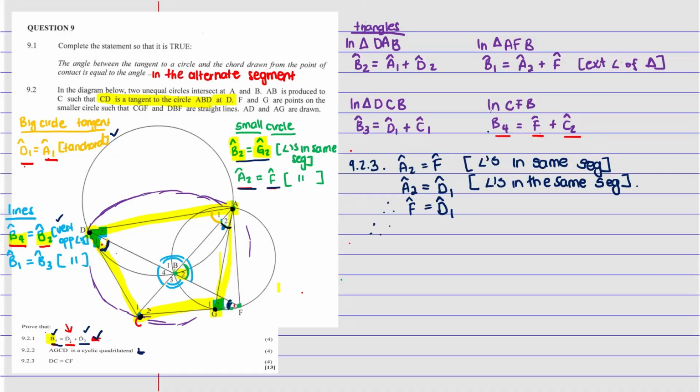We can conclude that DC is equal to GF, and the reason is converse, sides opposite equal, then we have angles opposite equal. Does that make sense?